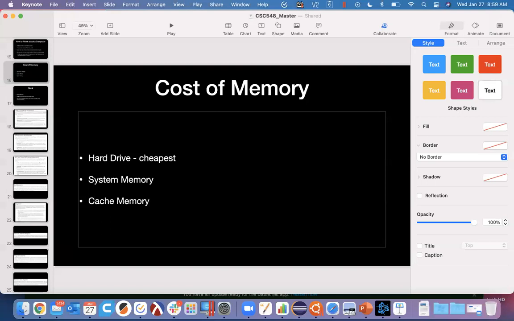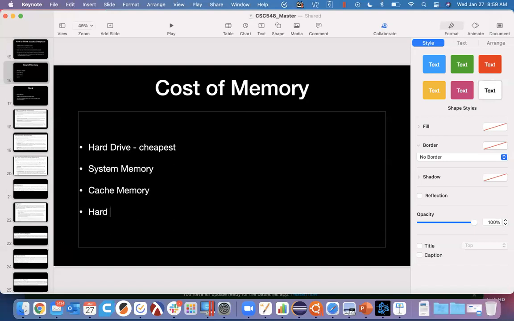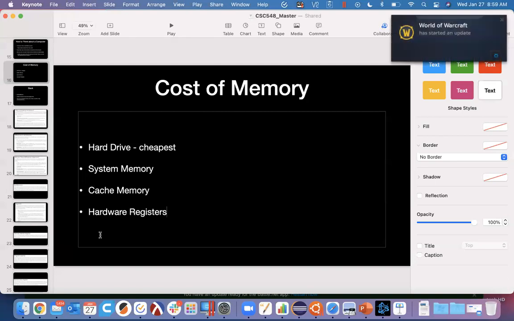You have a couple different kinds of cache, L1, L2, L3 cache, and we'll talk about those at some point. Followed by cache memory, followed by hardware registers. Hardware registers live on the CPU. That's a really quick road. It's like stepping out onto your front porch, right? Not a whole lot of distance to travel, and it's really fast.